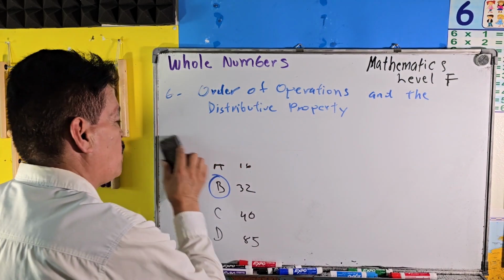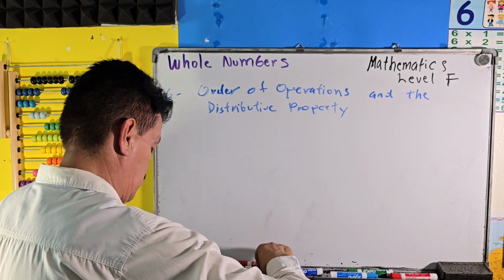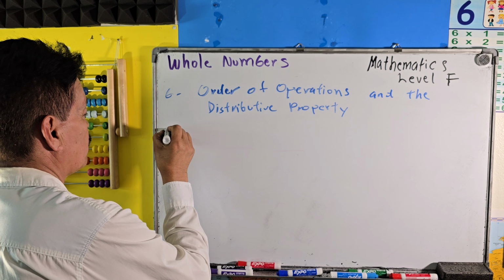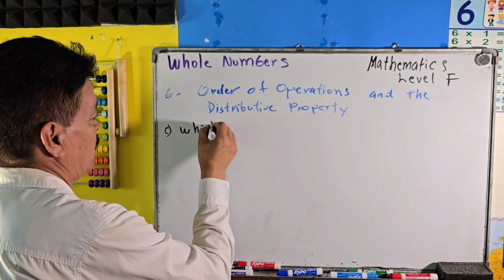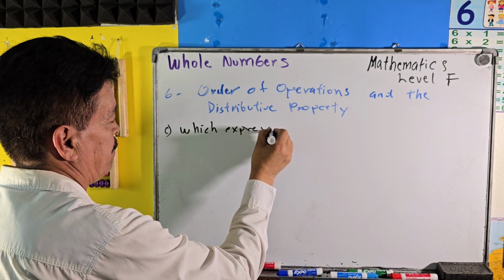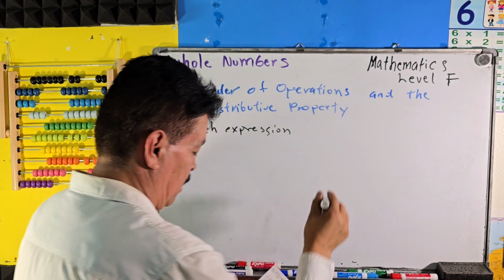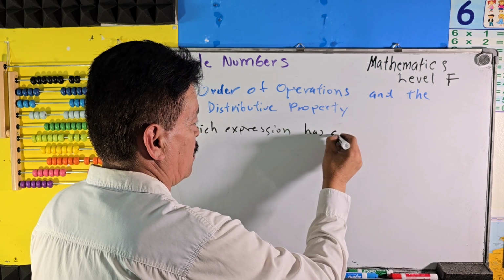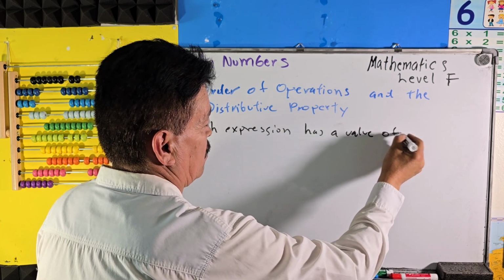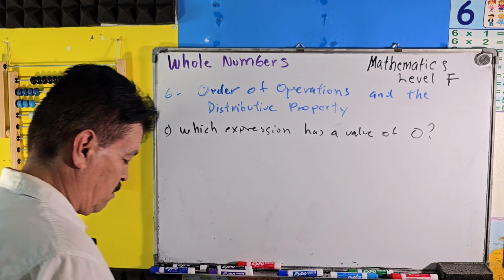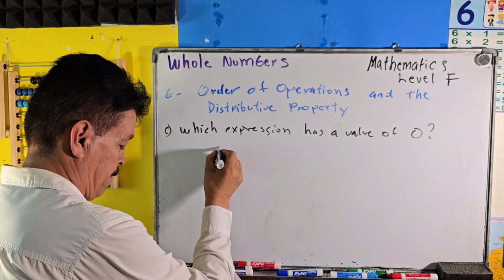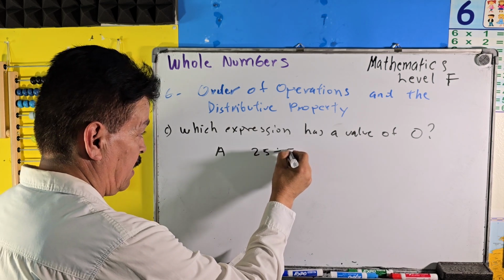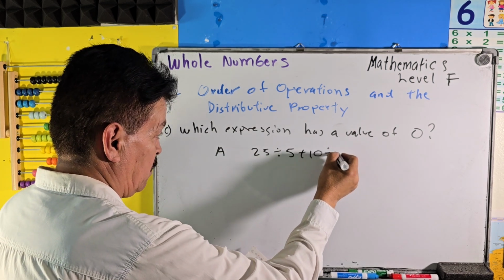Let's do one more question. Which expression has a value of 0? Then we have A, 25 divided by 5 plus 10 divided by 2.